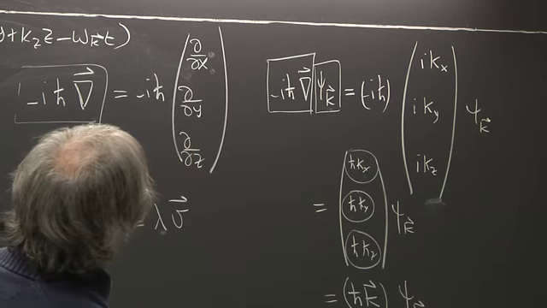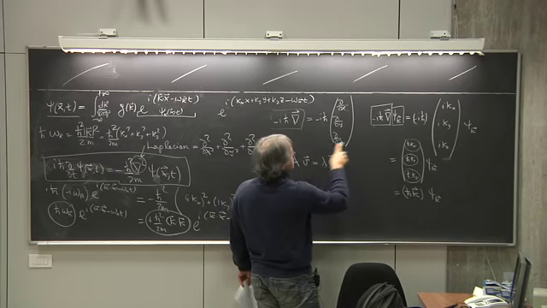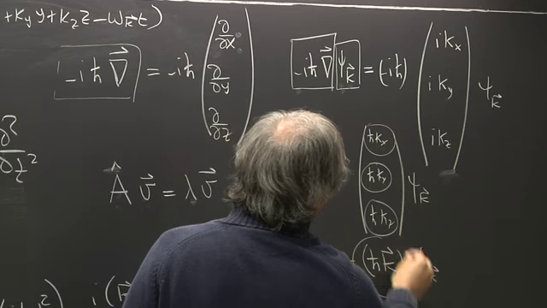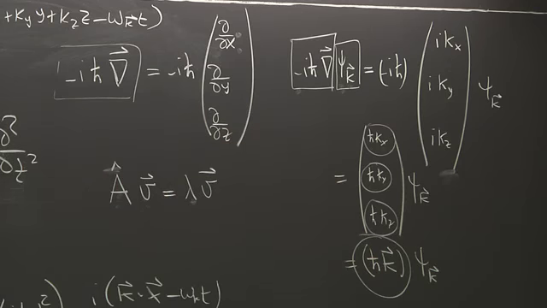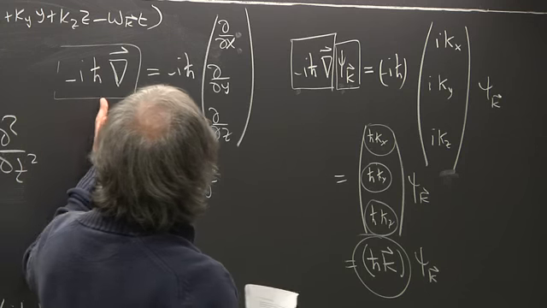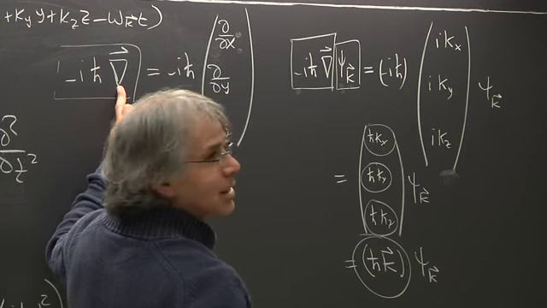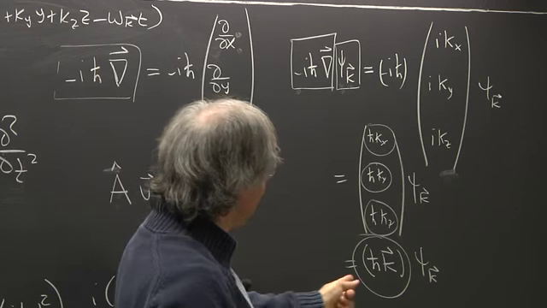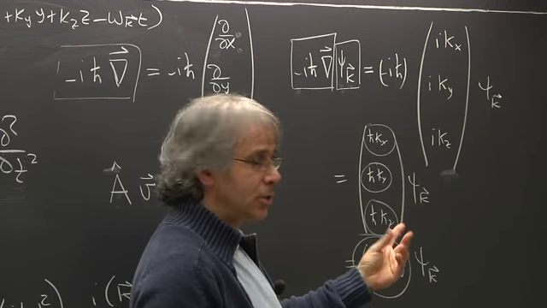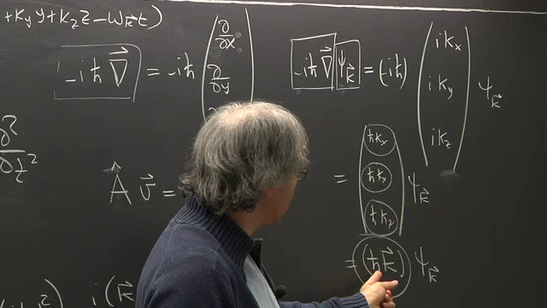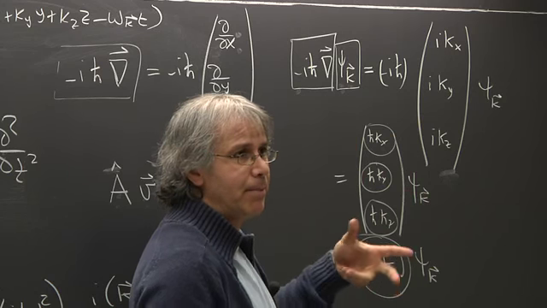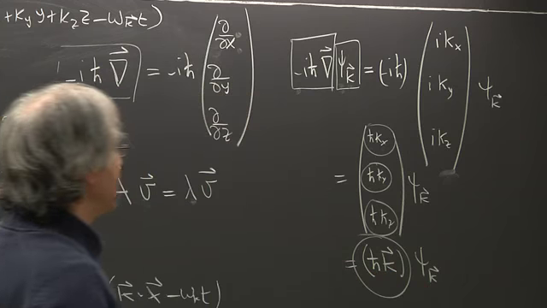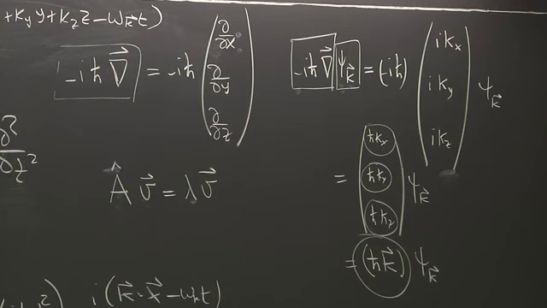Okay? So this is the operator. This is the vector, the eigenvector, psi of k, and this is the eigenvalue. All right? So this operator here, minus i h bar the gradient, has the plane waves as eigenvectors with eigenvalues, just notice, these are numbers, h bar k. Three of them, but still a vector of numbers, which are the wave vector k's.